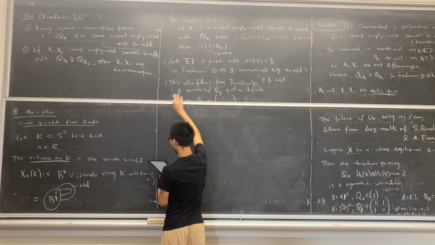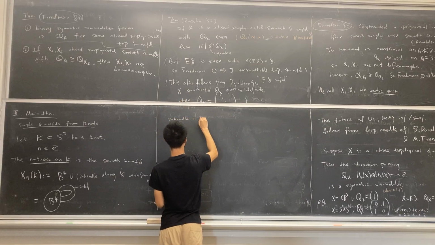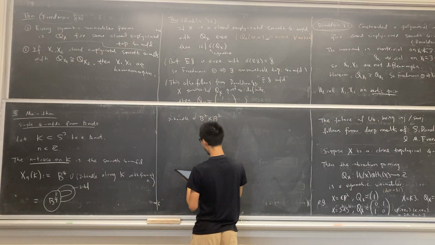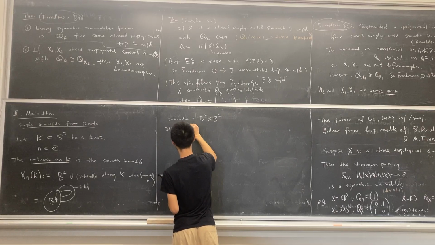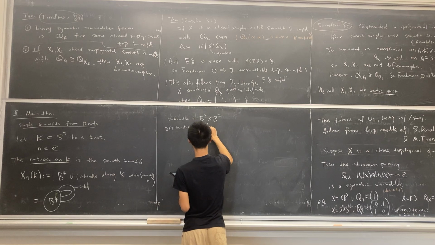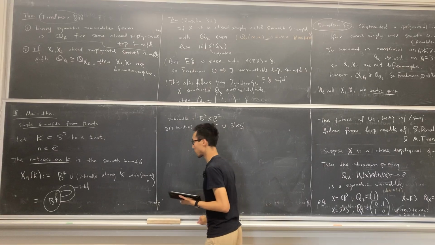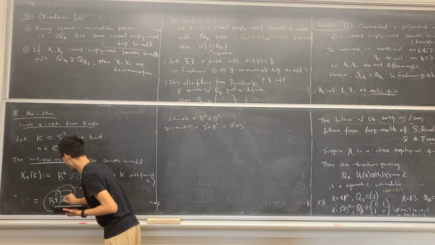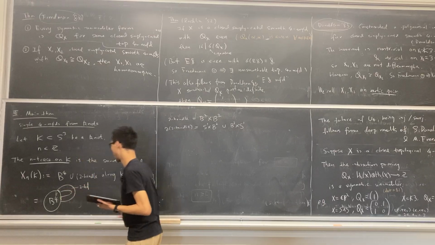But what does this mean? Well, a two-handle you can just think of as B2 times B2, where the boundary of the two-handle is divided into two halves, namely S1 times B2 and B2 times S1. In this picture, one of those pieces is the green piece here, the other piece is the red piece here.